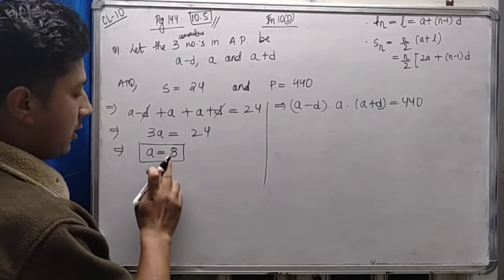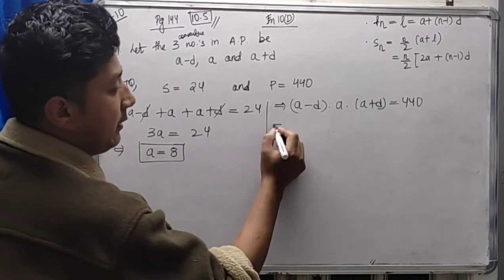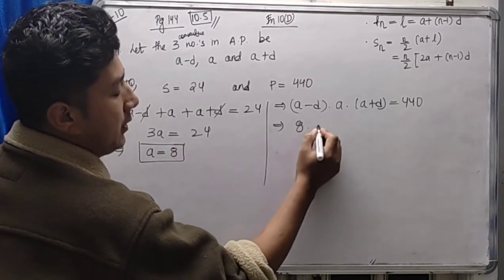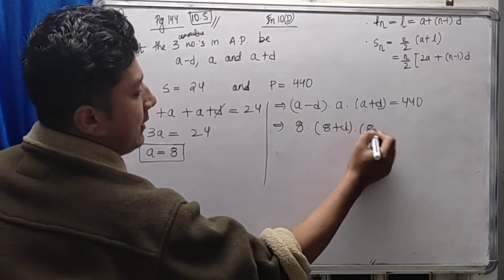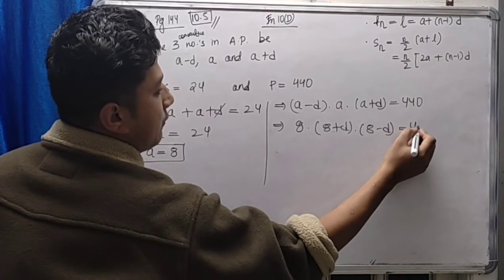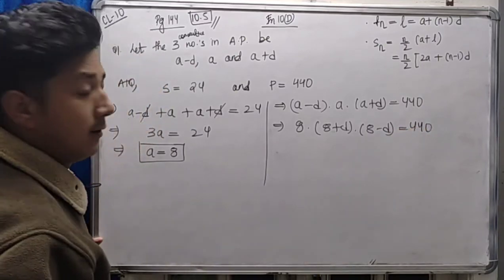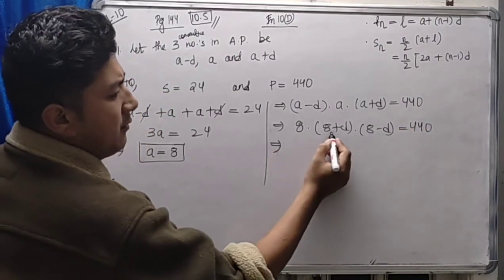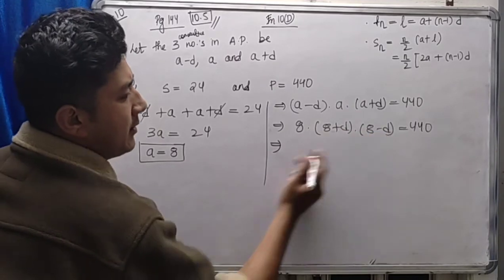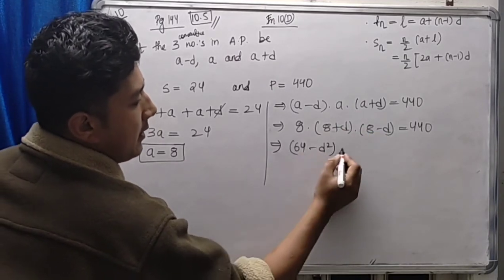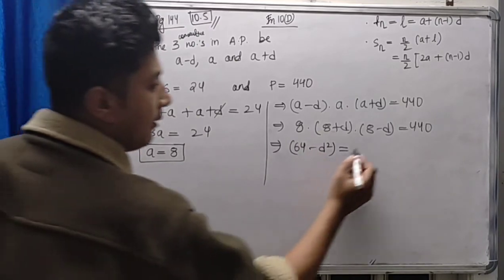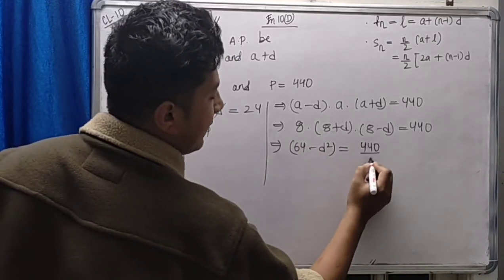So now just now I got the value for A. So A equals to 8, and therefore this is 8 plus D into 8 minus D, which is equals to 440. All right, so therefore it is in the formula A plus B into A minus B. So therefore this is 8 squared, 64 minus D square, and therefore here I can divide 440 by 8.